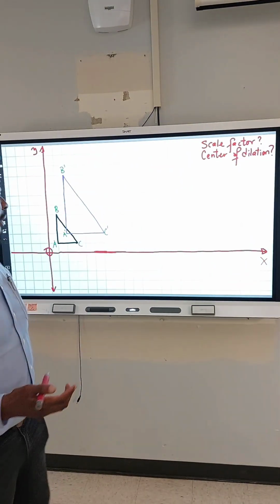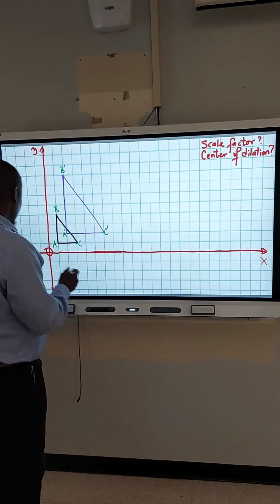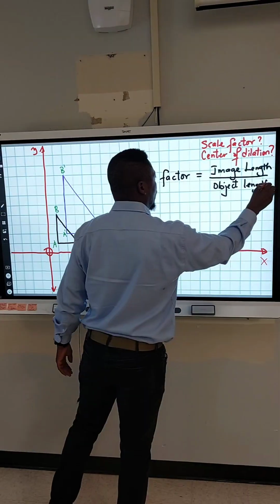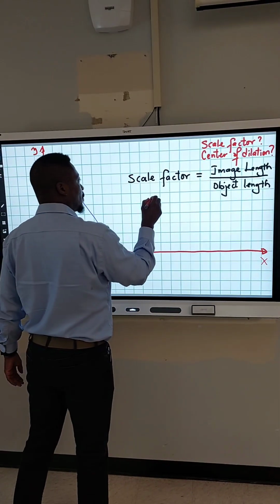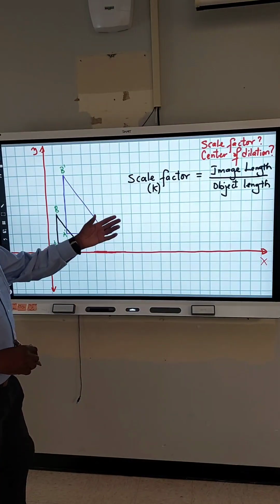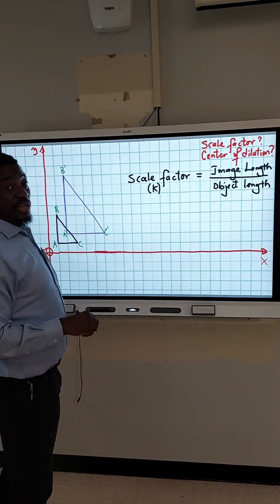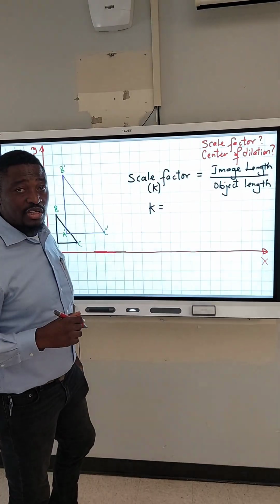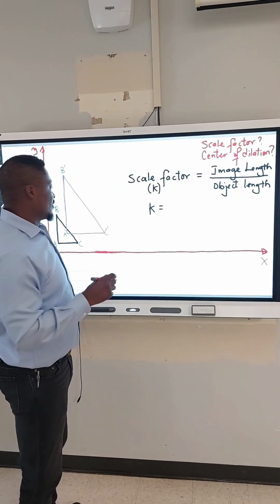What is the multiplier? We know that the scale factor, which we also denote as K, is determined by the image length divided by the object length. So we only choose corresponding sides when we calculate scale factor.